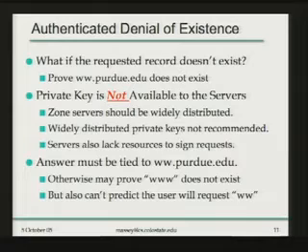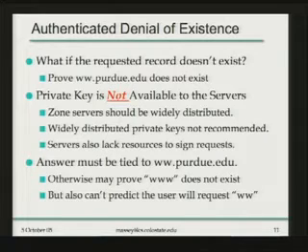Also, if I do put the private key in the server, in addition to the distribution problem, now I'm asking the server to do new computations. I'm opening up potential holes for distributed denial of service or simply added load on the server. So there's no private key at the server, but I still need to prove to you dub Purdue doesn't exist.